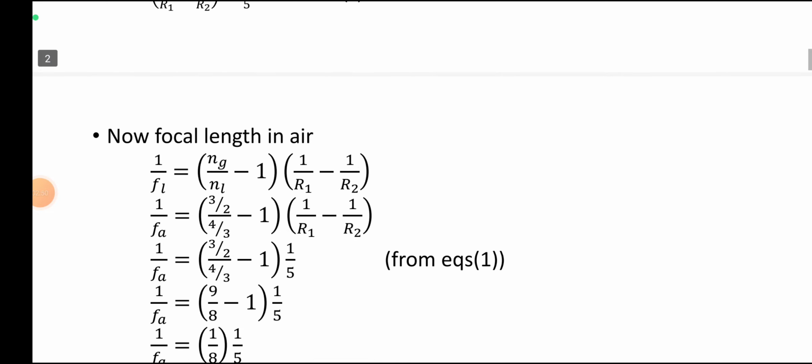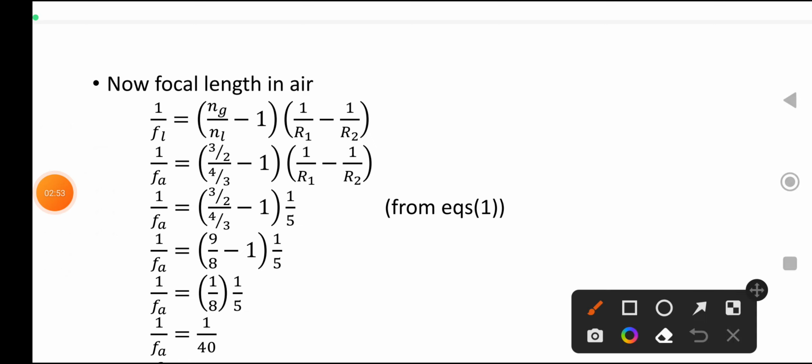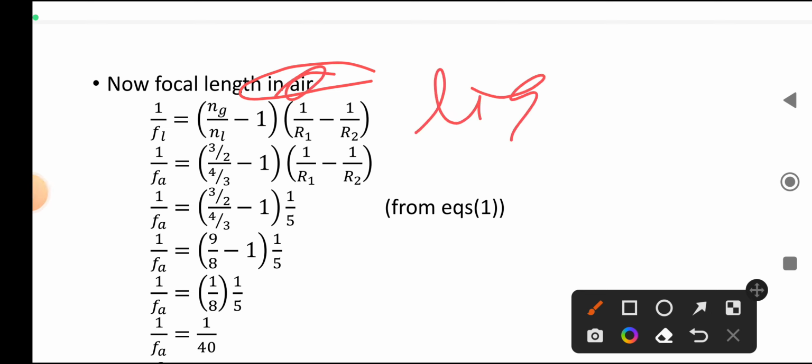Next, now the focal length is not in air, it is in liquid. We have to calculate the focal length in liquid. Here the first medium is liquid.